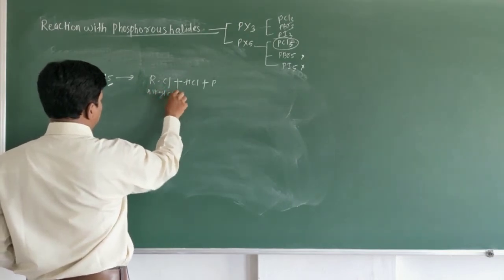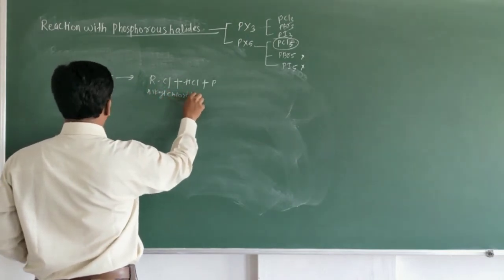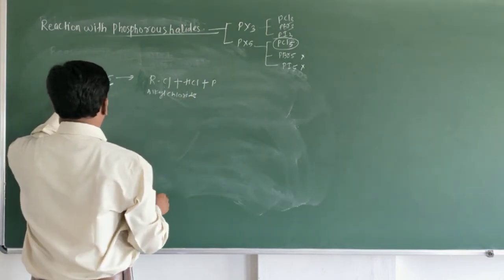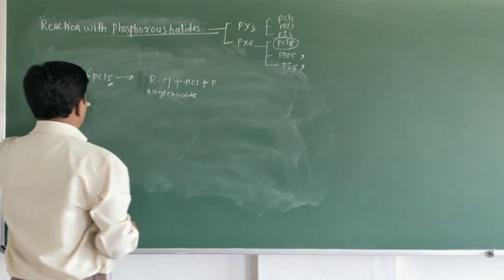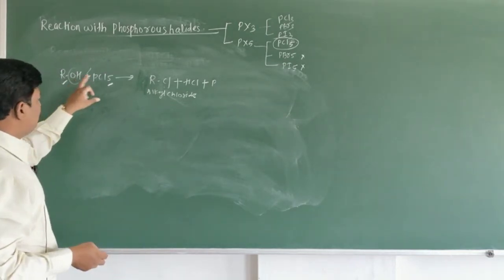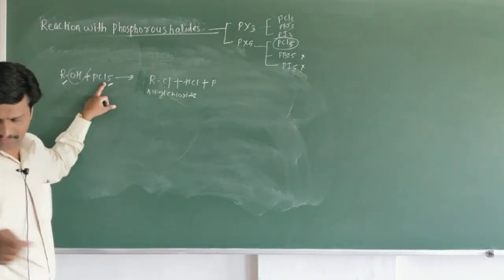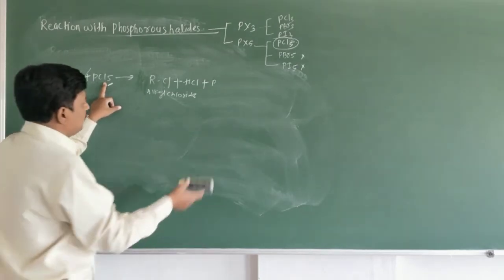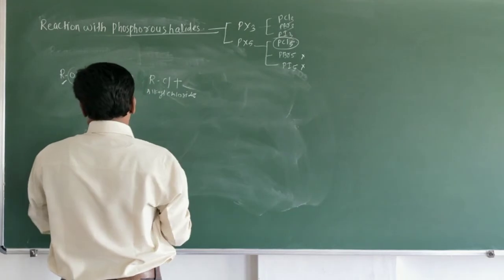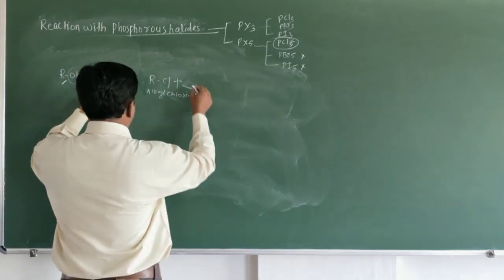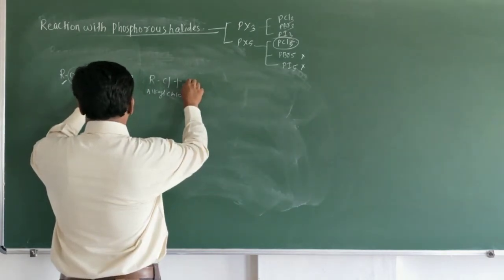Then in the remaining part, the OH group and the four chlorine atoms remain here. Now, which part is the byproduct?